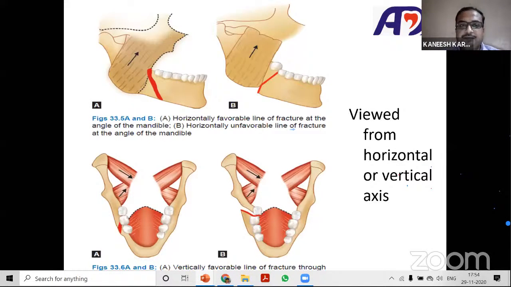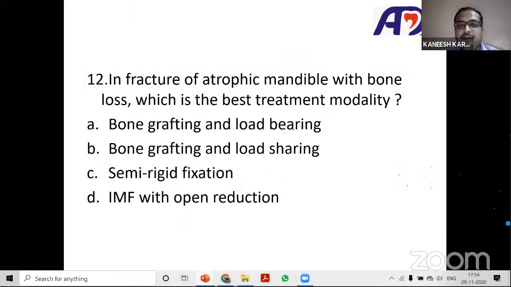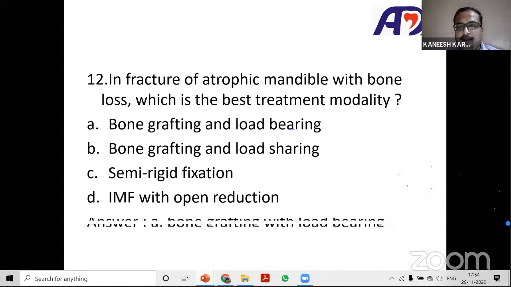In fracture of the atrophic mandible with bone loss, which is the best treatment modality? Yes, it is load bearing.